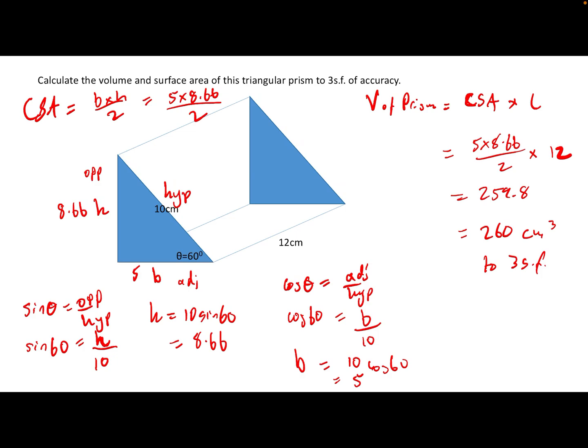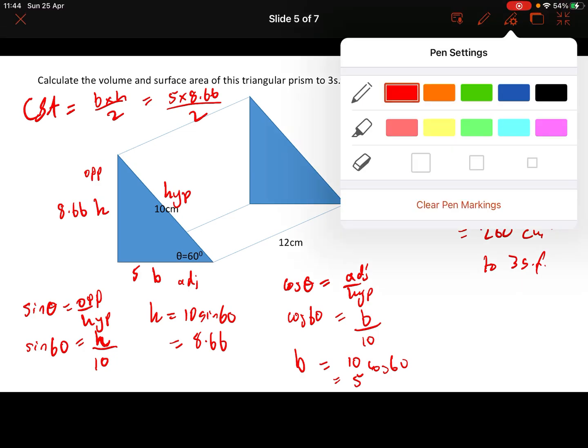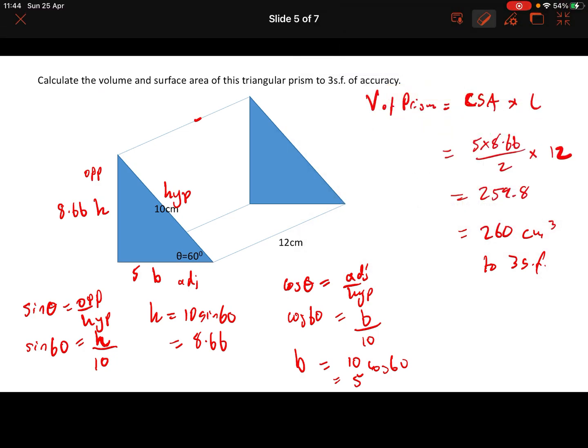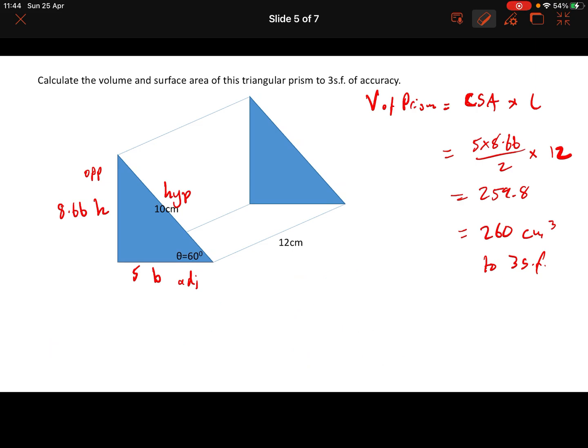Okay, so we can actually find out the volume. I can also find out the surface area, because notice that I've already found out the dimensions of the triangle now. So I know the area of the triangle is 5 times 8.66 divided by 2.